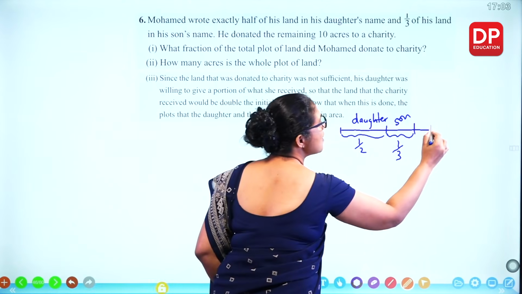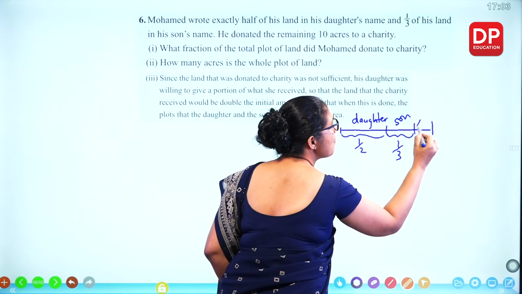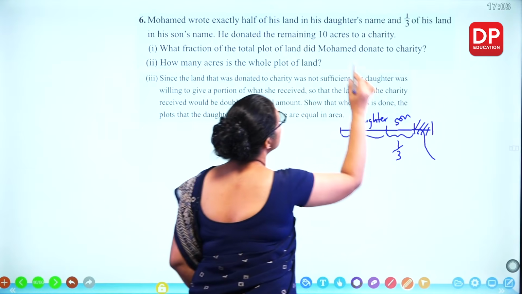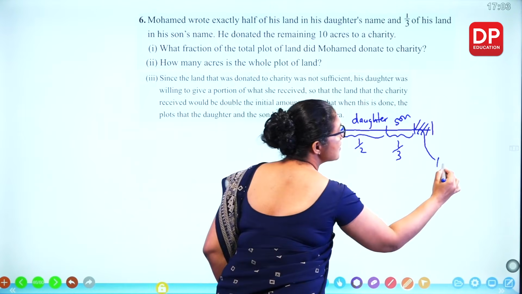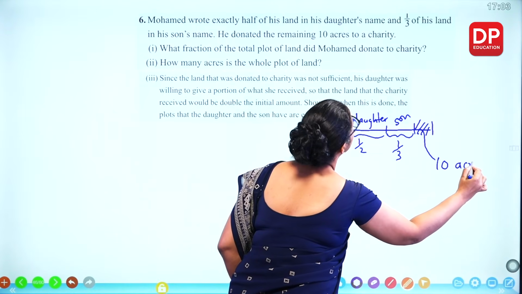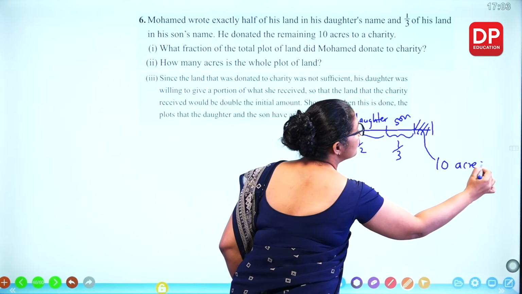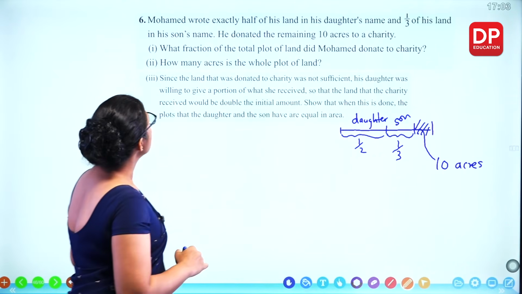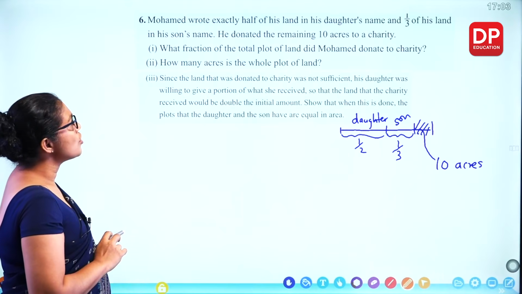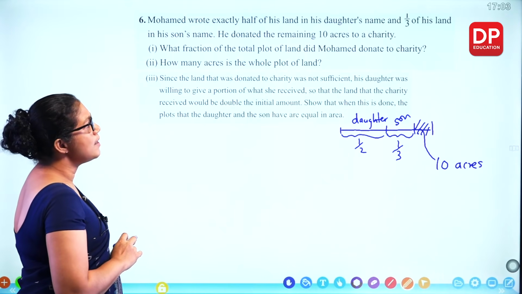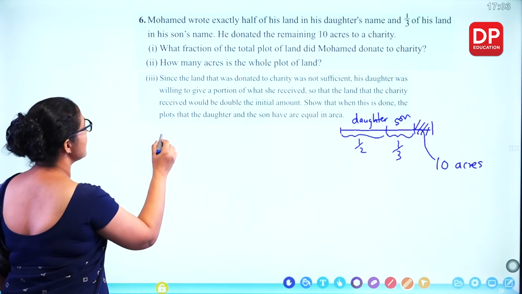So if this is the full part, so the remaining part is 10 acres. So you are asked, what fraction of the total plot of land did Muhammad donate to charity?